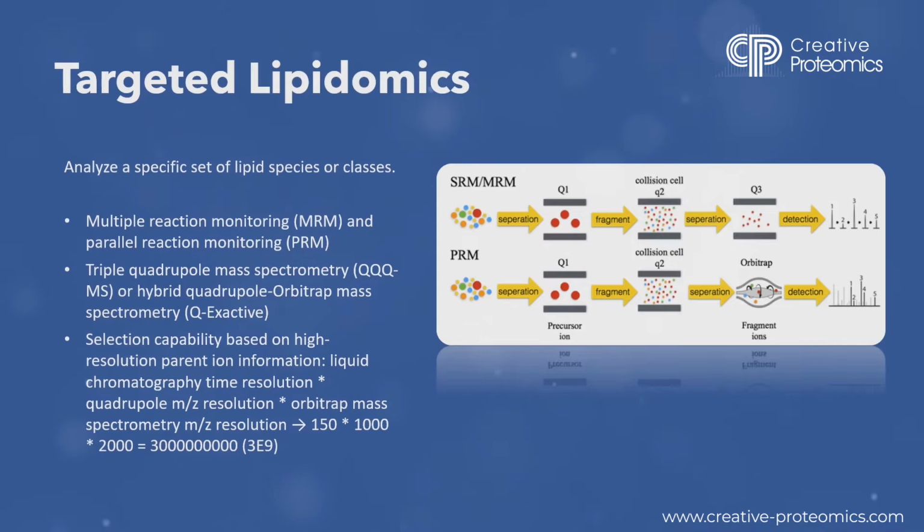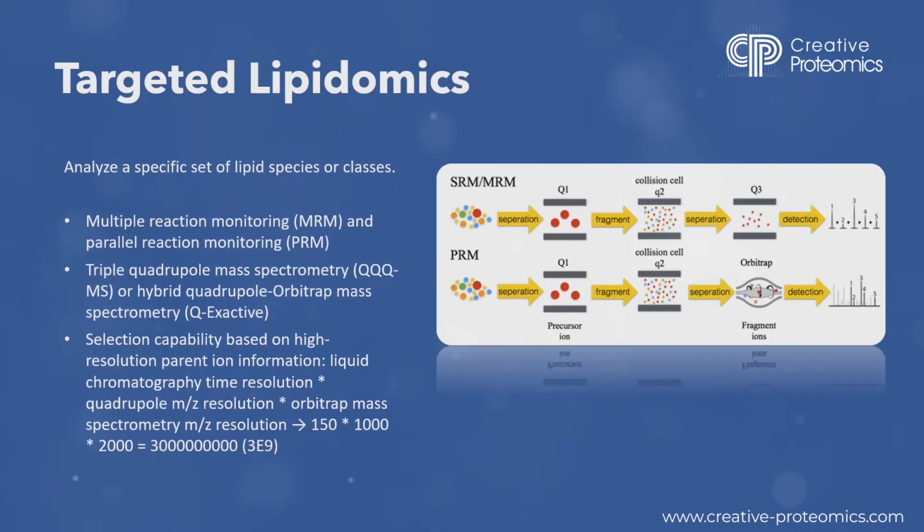By combining targeted lipidomics with advanced instrumentation, such as triple-quadrupole mass spectrometry or hybrid quadrupole Orbitrap mass spectrometry, researchers can achieve high-resolution and accurate quantification of targeted lipid species. These cutting-edge technologies provide robust and reliable data, allowing for precise measurement of lipid changes in different biological samples.